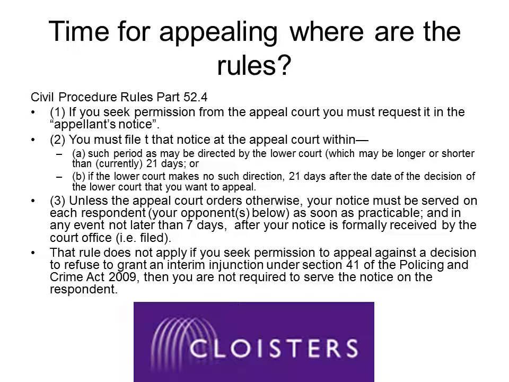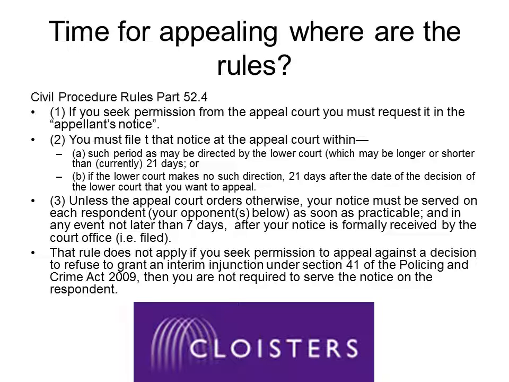Where do you find the rules? The Civil Procedure Rules Part 52.4 says that if you seek permission from the appeal court, you've got to request it in the appellant's notice, which is a document that I'll talk about in a minute.